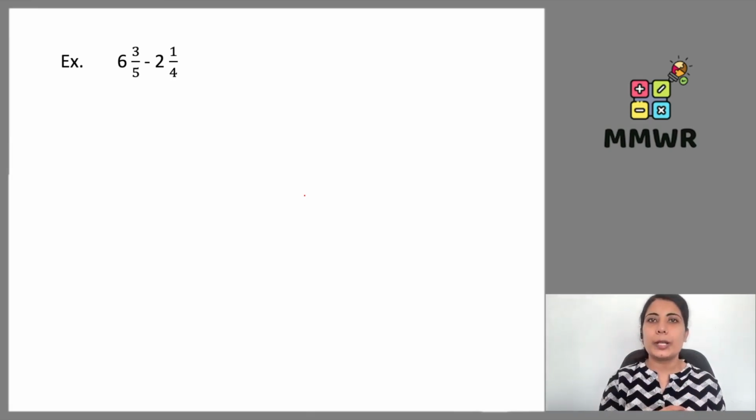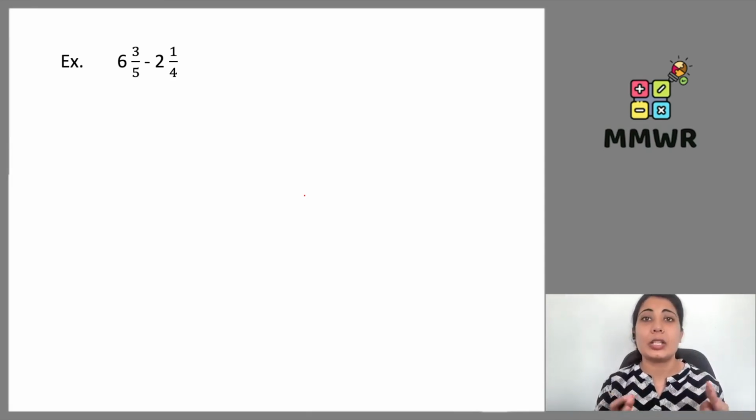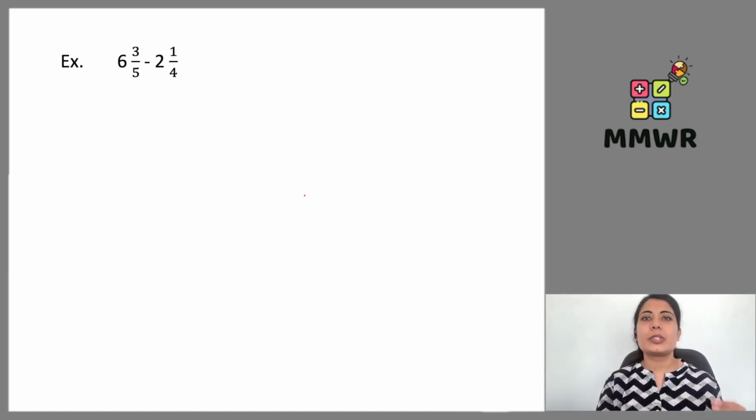That takes a lot of process, space and time, and in competitive exams we need to save a lot of time. So here is the trick to save a lot of calculation time.